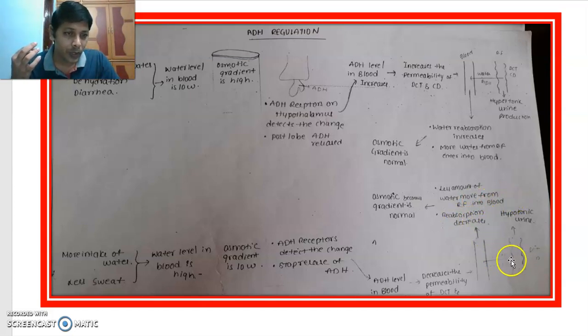Reabsorption here decreases, while there reabsorption increased, and osmotic gradient becomes normal. Here also osmotic gradient becomes normal. In this way, ADH hormone functions in our body.